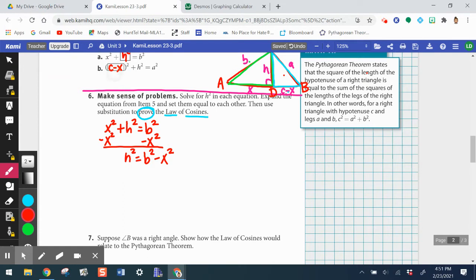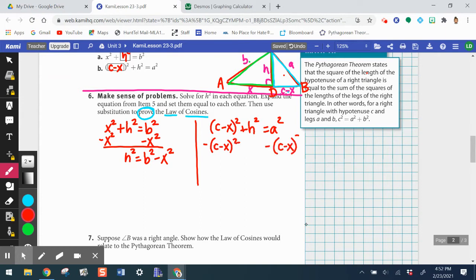Now let's take this second equation and solve it for h squared. So we're going to take (c minus x) squared plus h squared equal to a squared. Very similar to subtracting x squared on both sides and it canceling, we are going to be able to subtract (c minus x) squared from both sides.